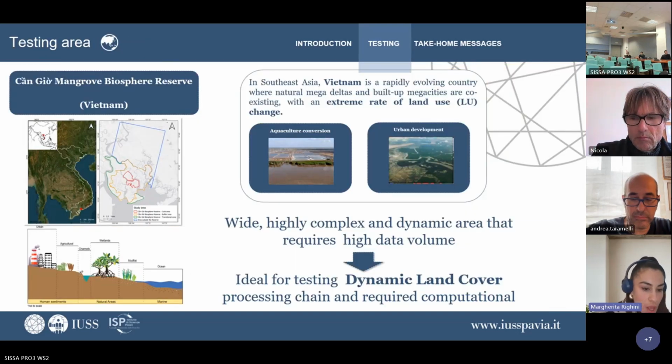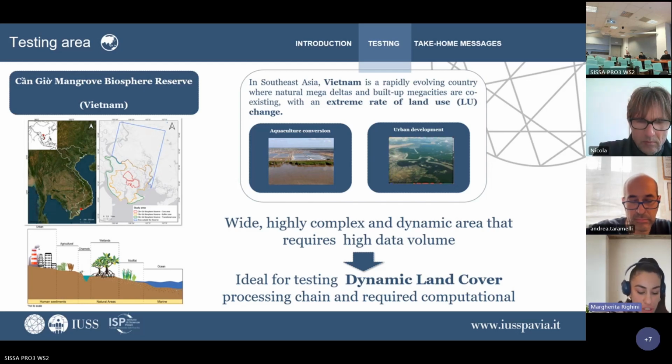Next, please. The test is performed in the area of the Can Gio Mangrove Biosphere Reserve, located in Southeast Asia in Vietnam, because it is a wide, highly complex and dynamic system, mostly due to an extreme rate of land use change, mainly from aquaculture conversion and urban development.